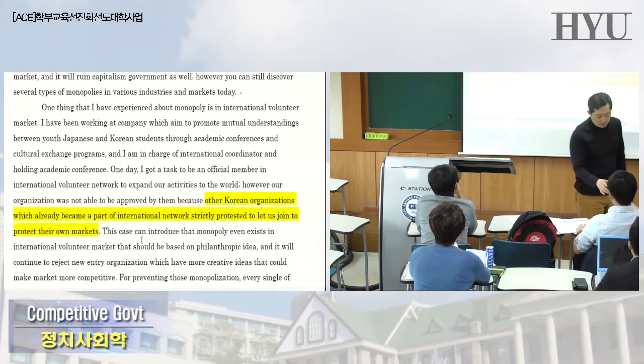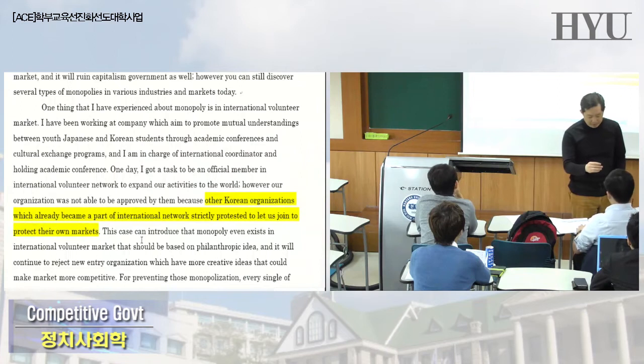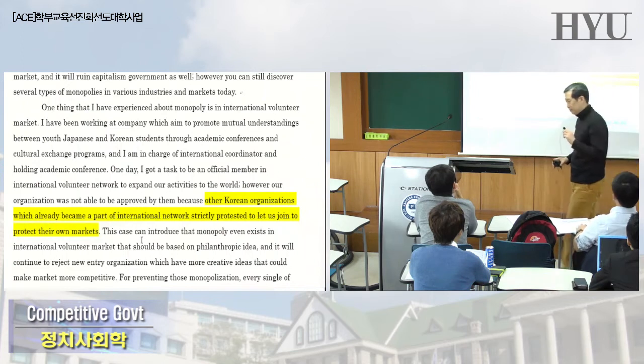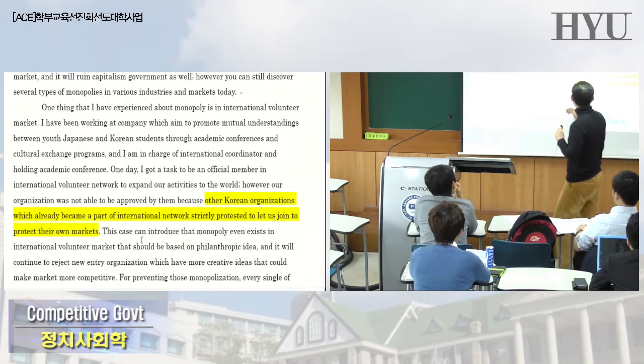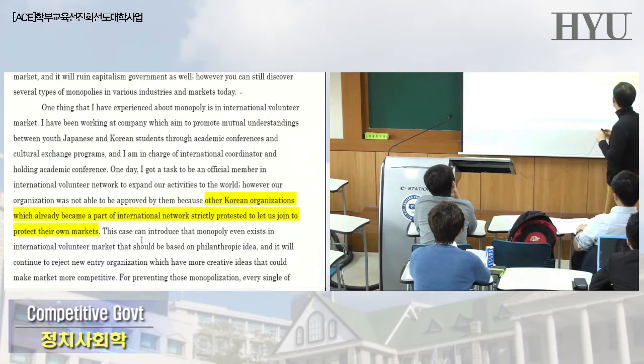Yes. So right now Kota works for a private company, right? It's kind of connected to the non-profit sector. Basically, he wants to host conferences to bring Korean students and Japanese students together, cultural exchange, academic conferences.